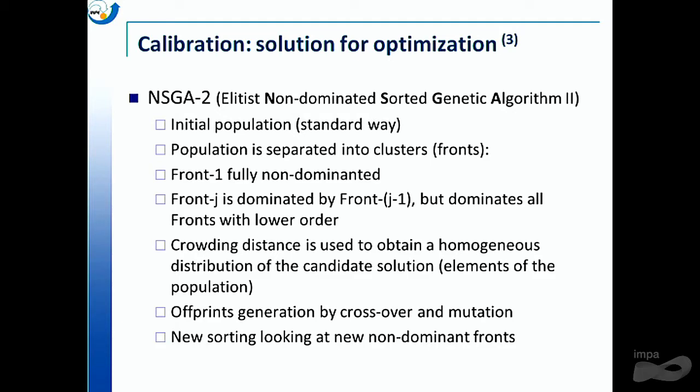But this procedure also uses crowding distance, because this is a procedure to maintain the candidate solutions spread out, in order to avoid a collapse where the whole population ends up in a very narrow region in the search space.